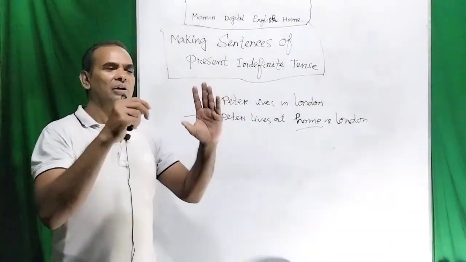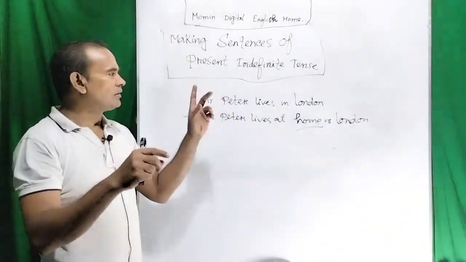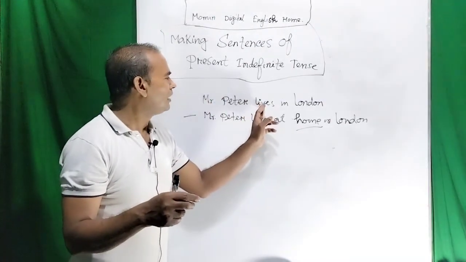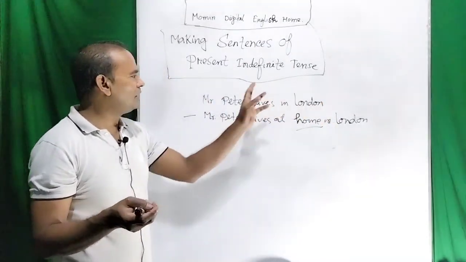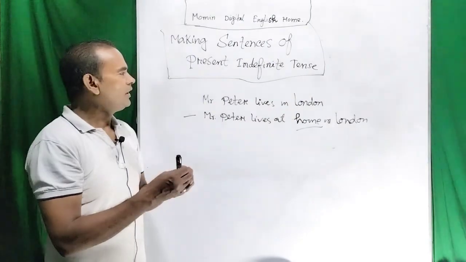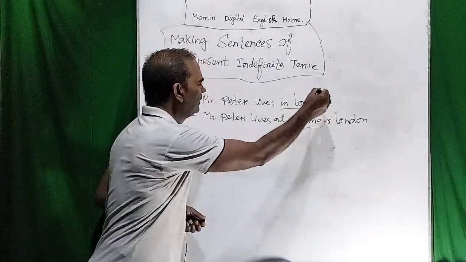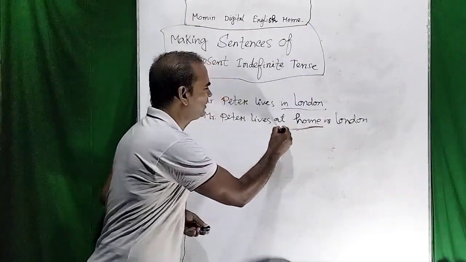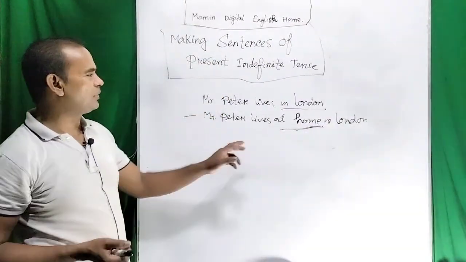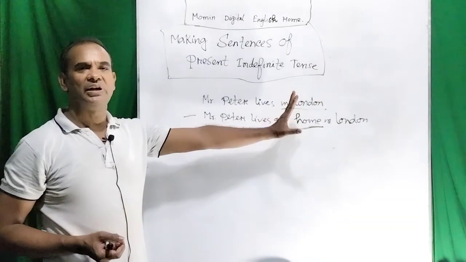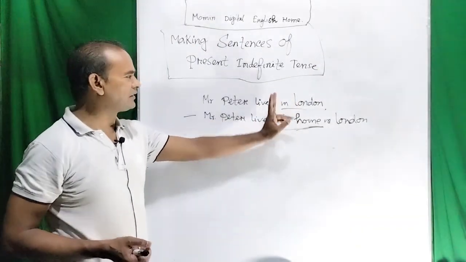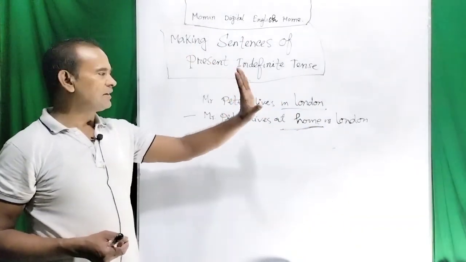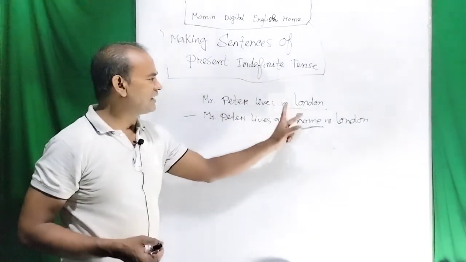Everybody living in the UK also lives in London. So in this case, this is in general. But at home is the specific case. This is the definite place, home. So before the definite place, you have to use at in your speaking or in making sentences.